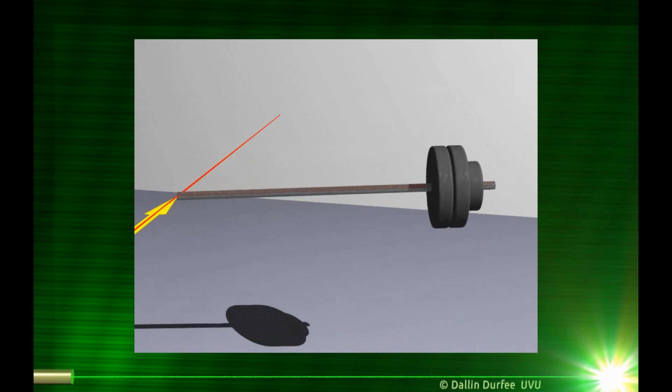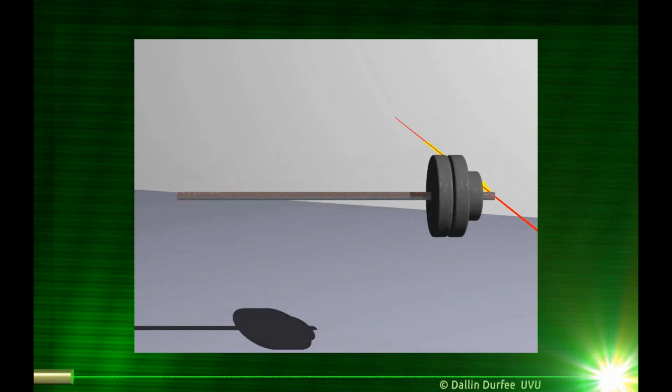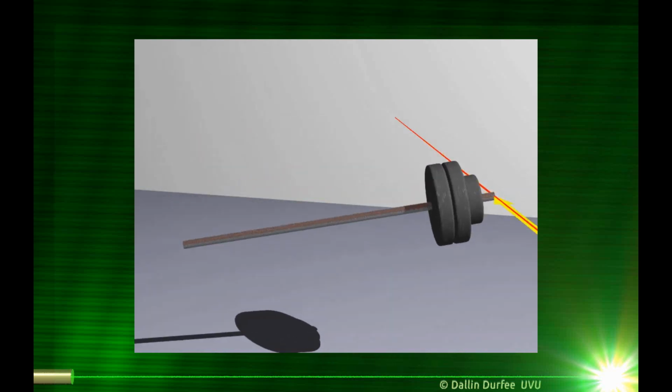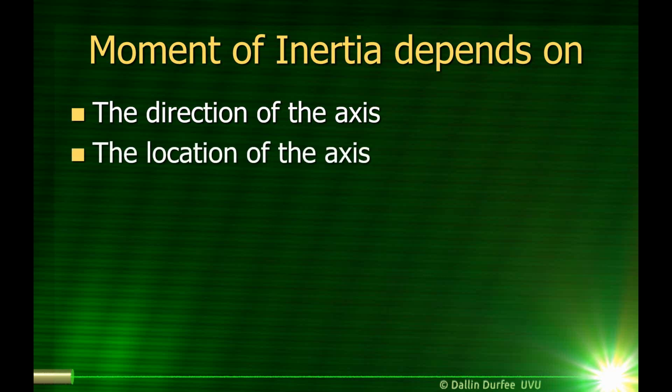So in other words, swinging about this axis is more effort than swinging about this axis. So we've learned from that then that the location of the axis matters, not just the direction. In the last two examples, the axis was in the same direction both times, but it was displaced. So the location of the axis that we're rotating around affects the moment of inertia. So the moment of inertia of an object depends on the direction of the axis and the location of the axis.